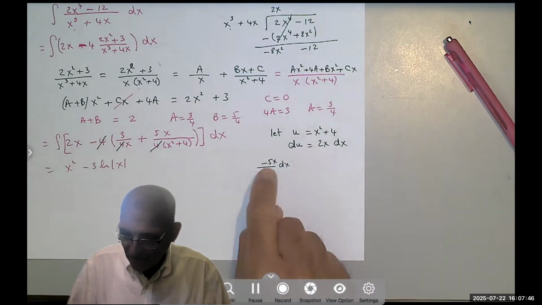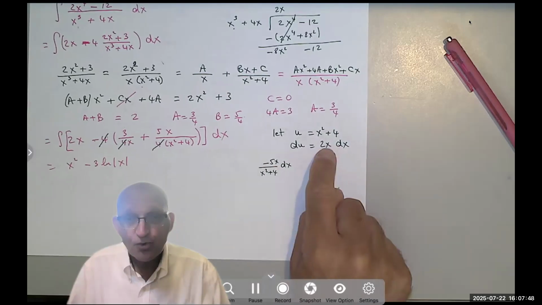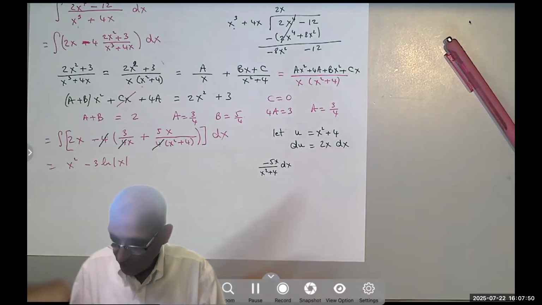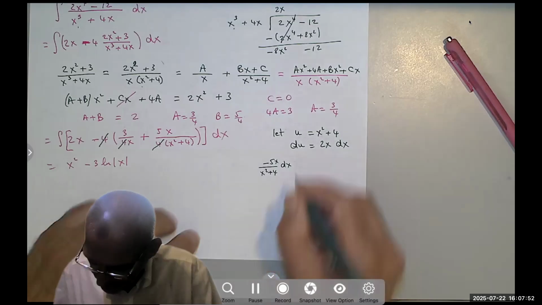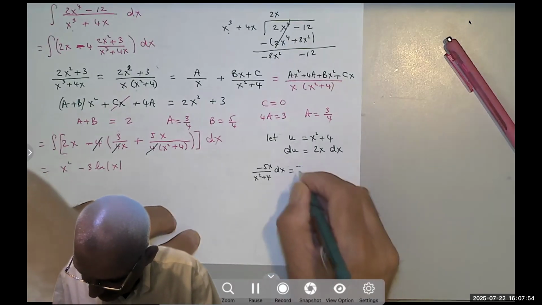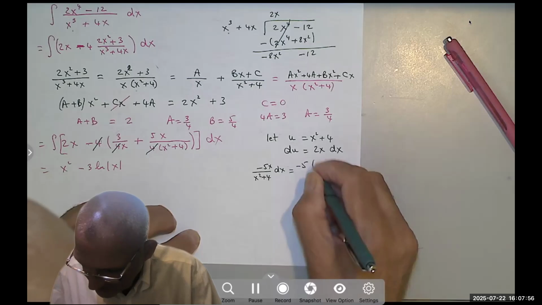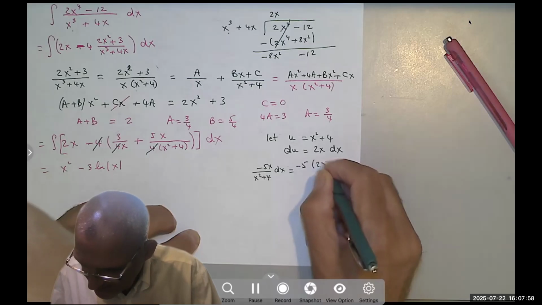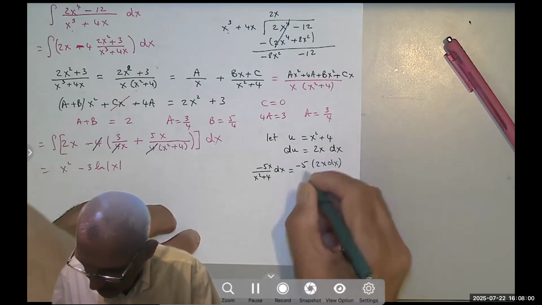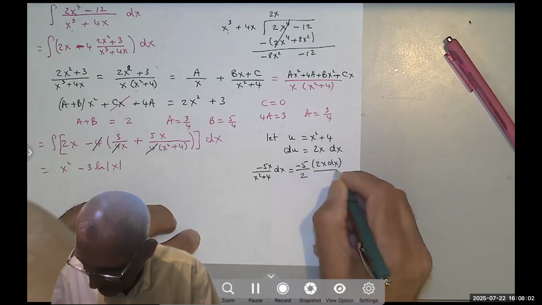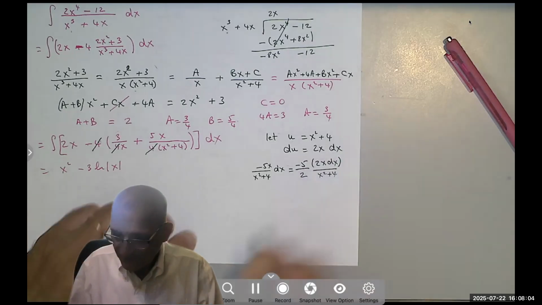I don't want negative 5, I want 2x dx. So this can be written as negative 5 times 2x dx over 2 times (x squared plus 4). You see what I did?